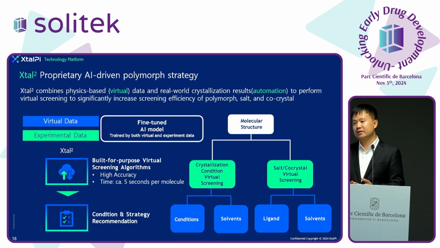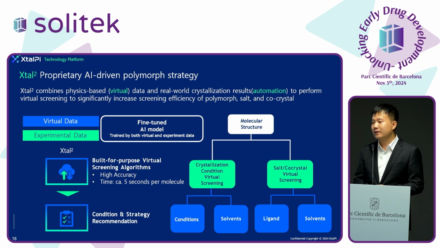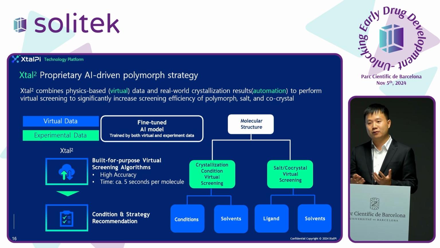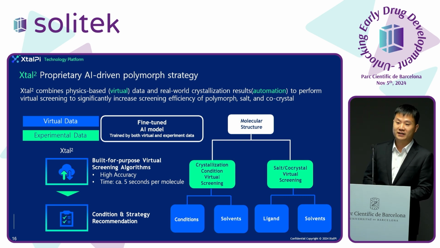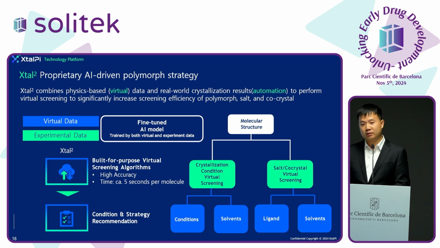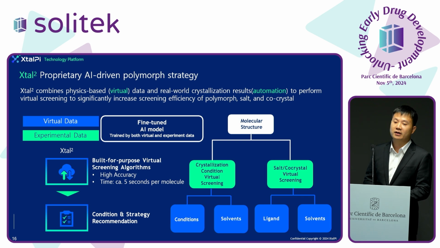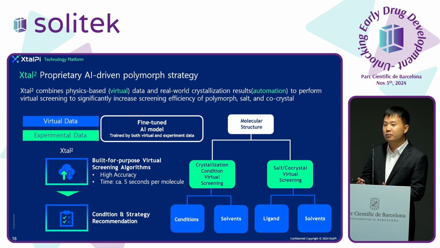The first way is called the physical model way. But we know that the crystallization process is full of mystery, and the mechanism is not well established and well understood. So the method based on the physical model is not that accurate, and in most cases, it's used for explanation rather than prediction.